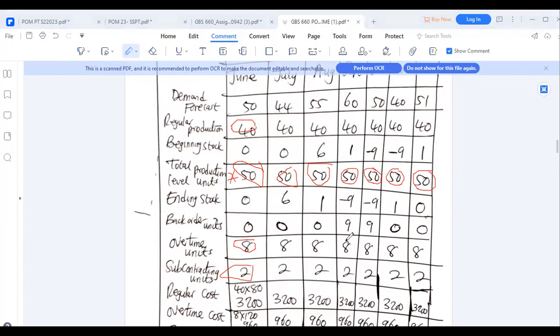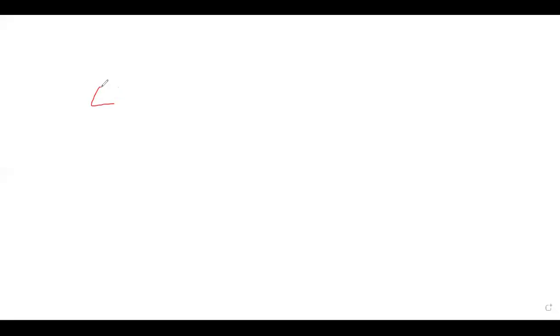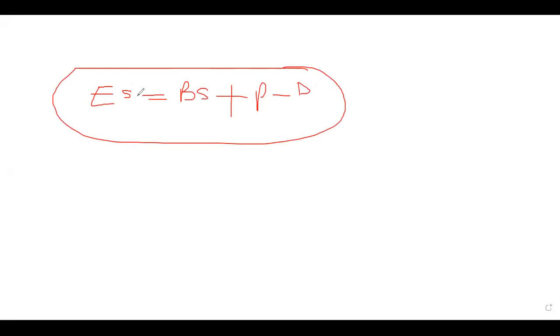All right, now we have this one where we simply say inventory, meaning ending stock. How do we get our ending stock? Ending stock is equal to beginning stock, plus production, minus the demand. So this is the formula or the equation for the ending stock.